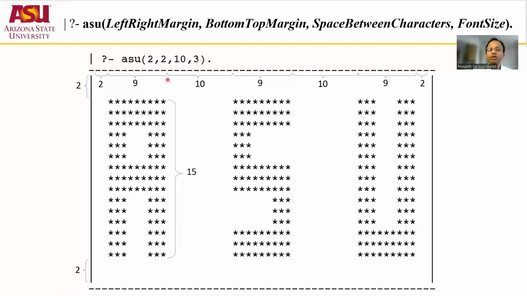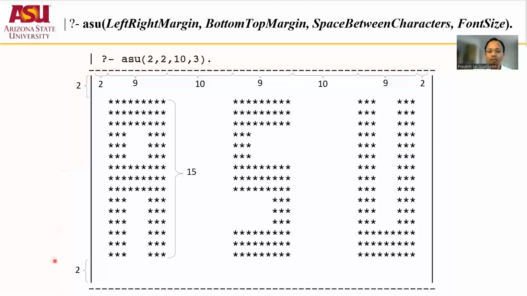Hence, using 3 times 3, we have 9 over here. 10 representing the spaces between the 2 characters. So we have a 10. Again, this representing the character width, that is 3 times 3. The space between S and U, 3 times 3. And the right margin, totally making it 53 characters.